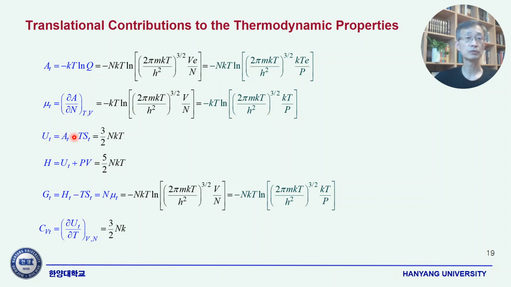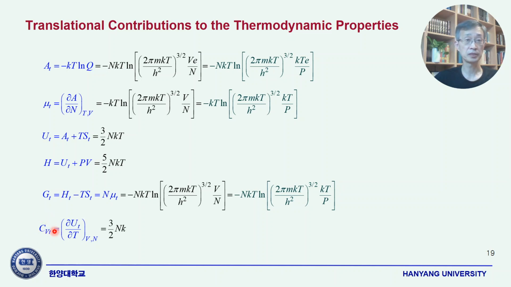Now that we know A, T and S, we can obtain U. And once we know U and also P and V from the previous slide, we obtain H. And then G is obtained as H minus TS, or just this, as a molar quantity, so we obtain G. G is here.